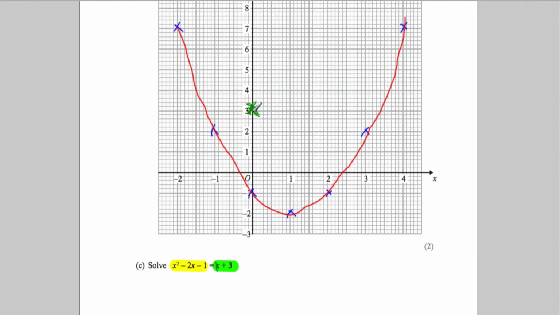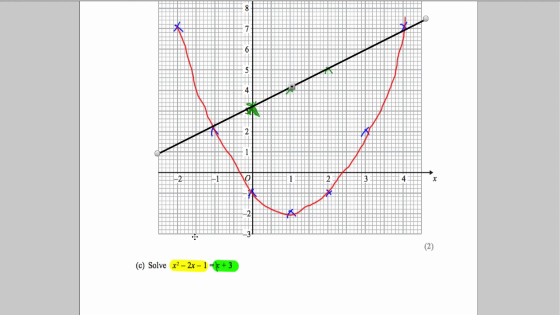So for every 1 across I go 1 up, so it's going to go through there. For every 1 across I go 1 up, and so on. And then now I should be able to draw that line in. This time I'm going to use a ruler. So we go in that direction, and likewise we go in this direction.